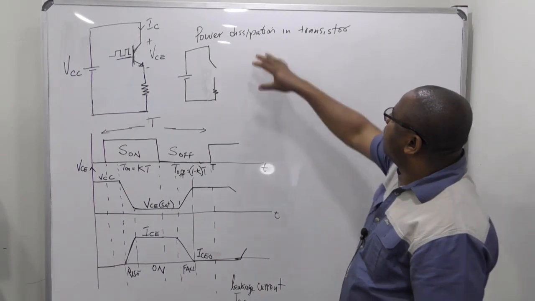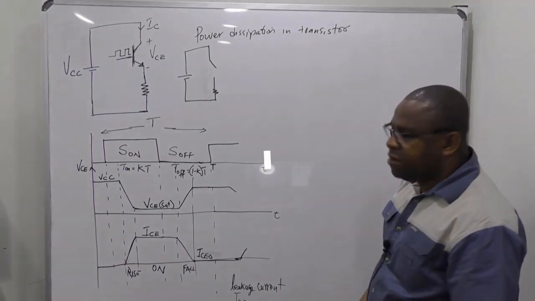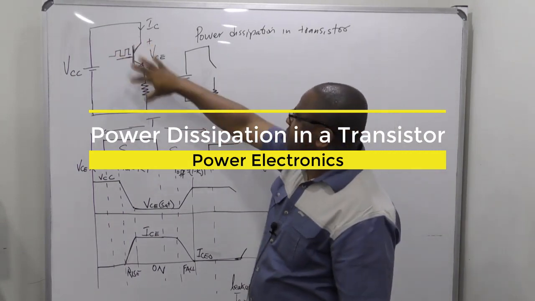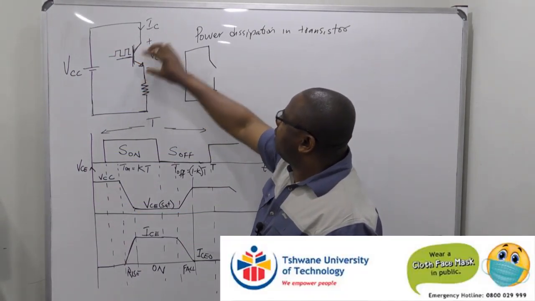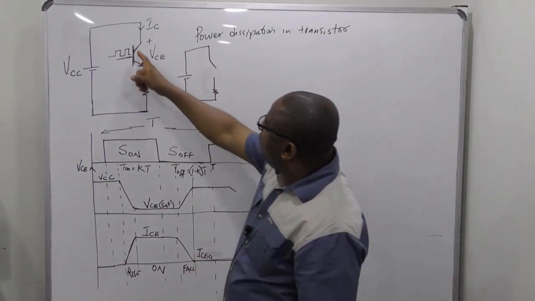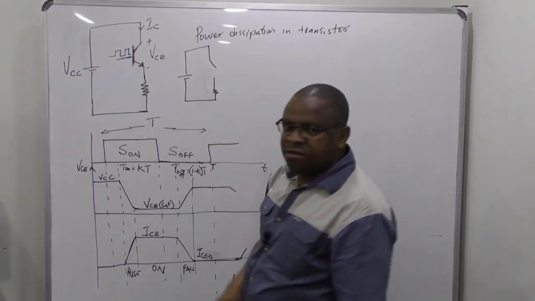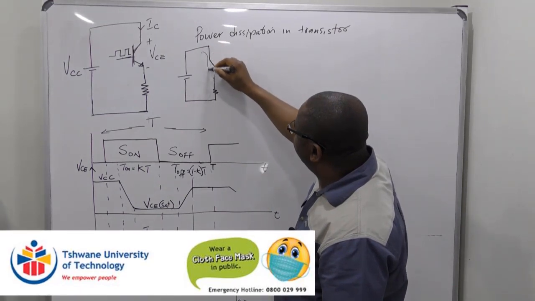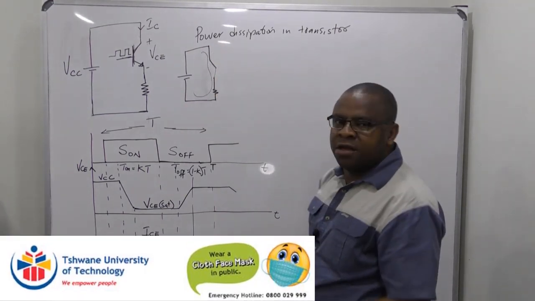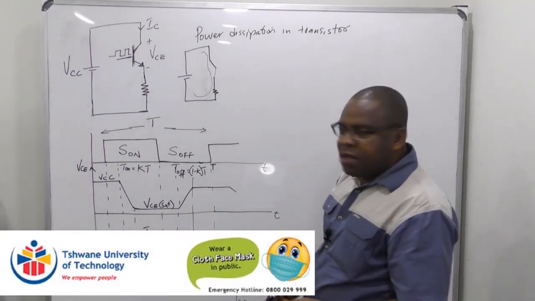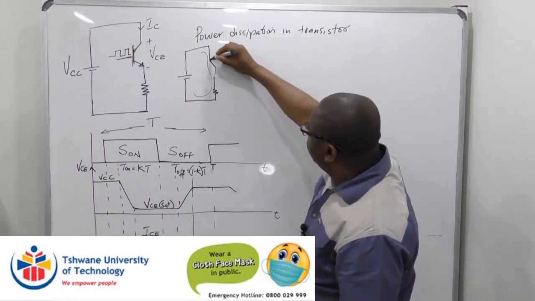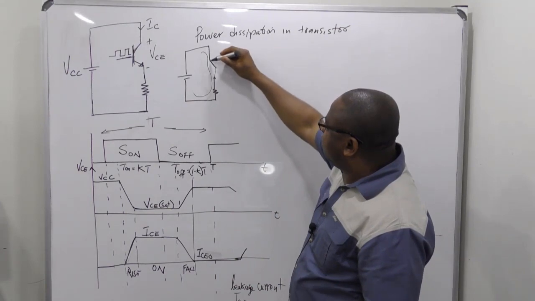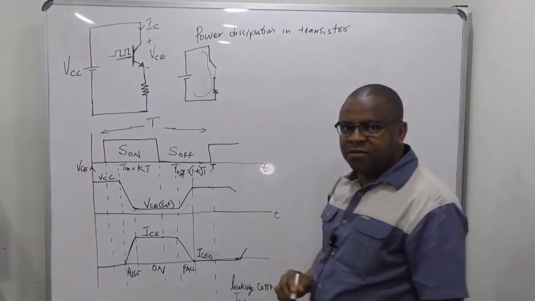Now we are going to look at power dissipation in a transistor. If you switch on this transistor, current will start flowing through. If you measure the voltage between this point and that point, the voltage will be zero because the whole of this will be at the same potential.